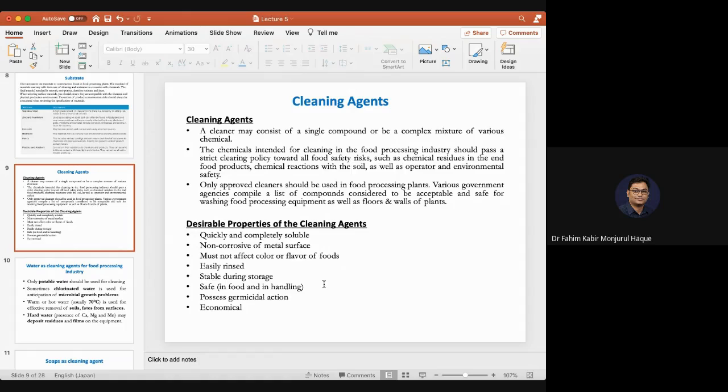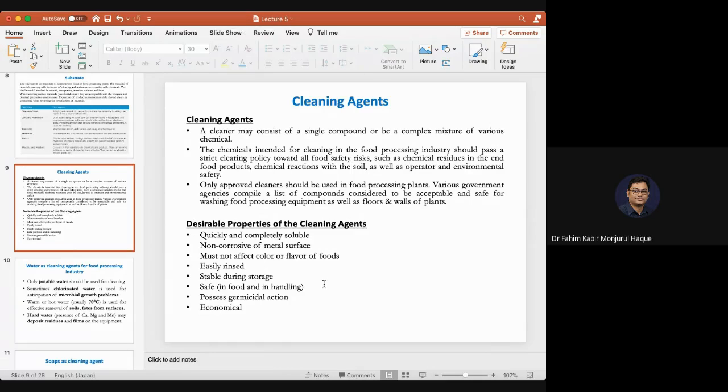It's important. We cannot use the same cleaning agent to clean the hospital and the food plant, because in the food plant we process food. So that means those cleaning agents should be very safe.